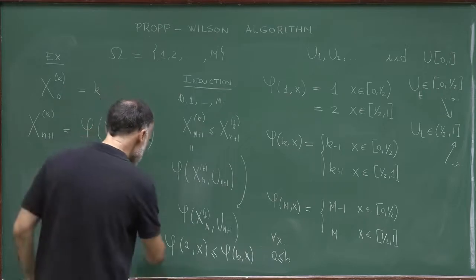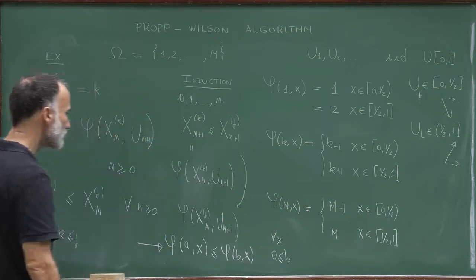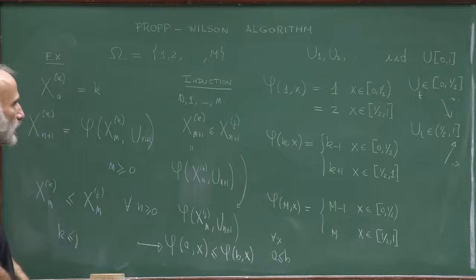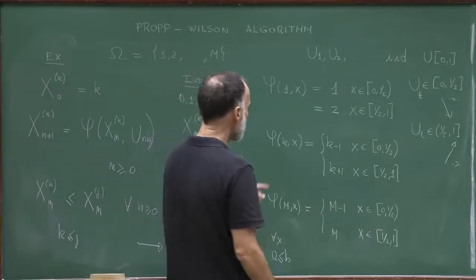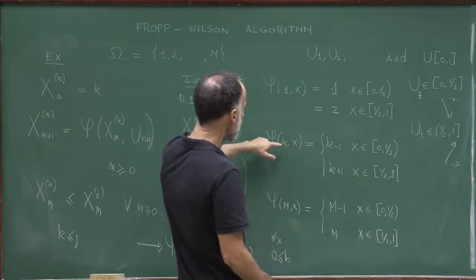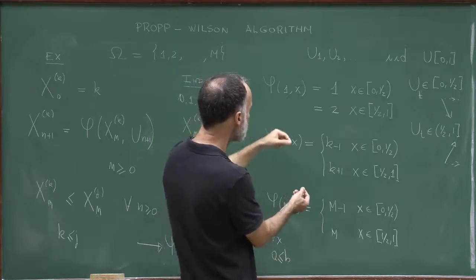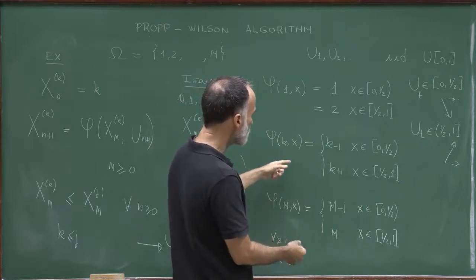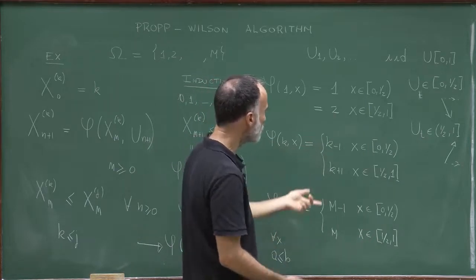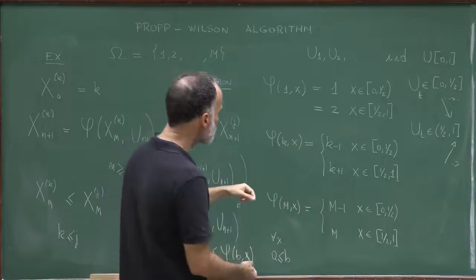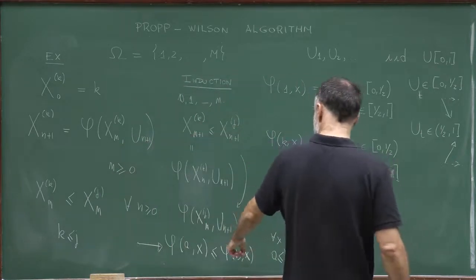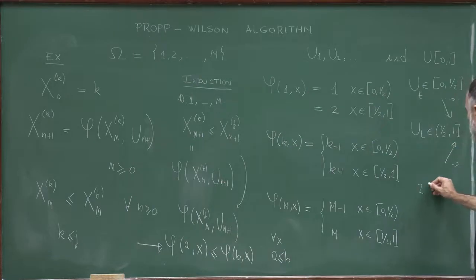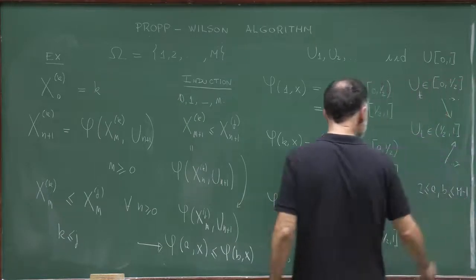So the only thing I need to check is that this quantity holds. And this is clear because, if I compare k and j, where k and j are between 2 and m minus 1, this is the definition, and if k is smaller than j, then phi(k, x) is smaller than phi(j, x). So that shows this inequality provided a and b are bounded between 2 and m minus 1.